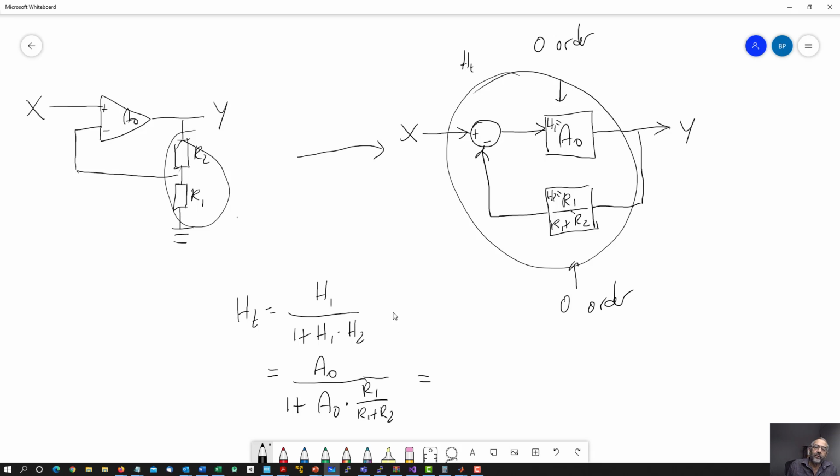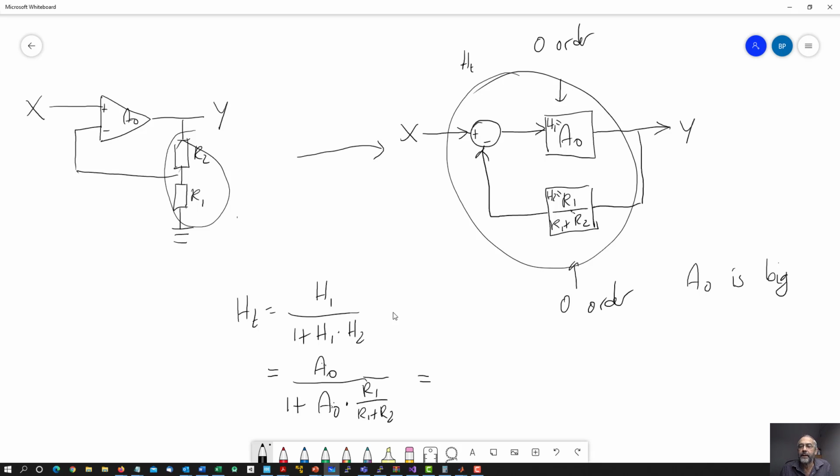There's one thing we can do. We can make use of the fact that we already know that A0 is big. That's what we have in an op-amp. It amplifies with a big value, 10,000, 100,000, or maybe even more.